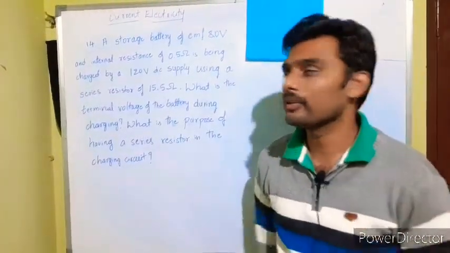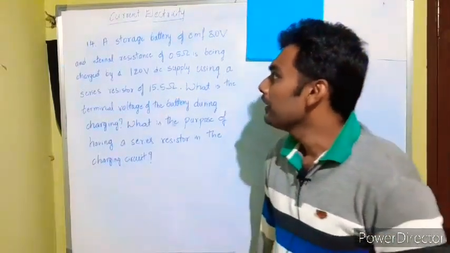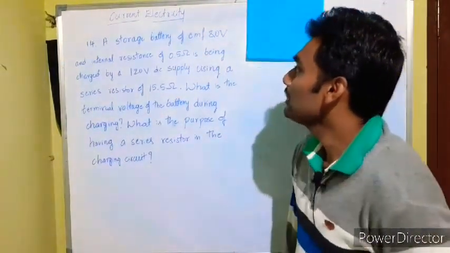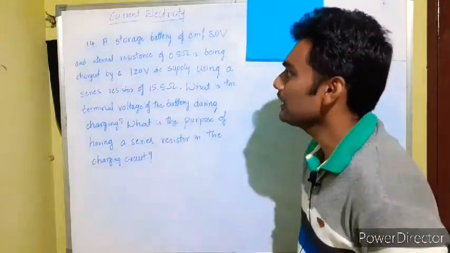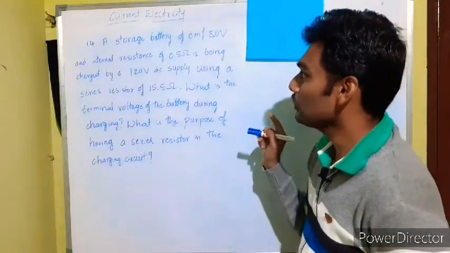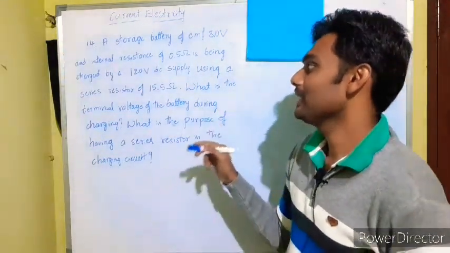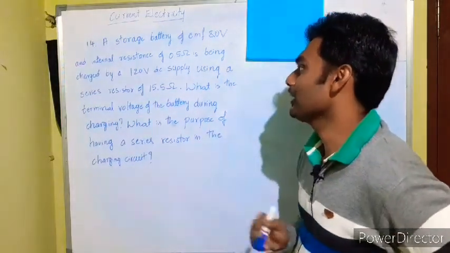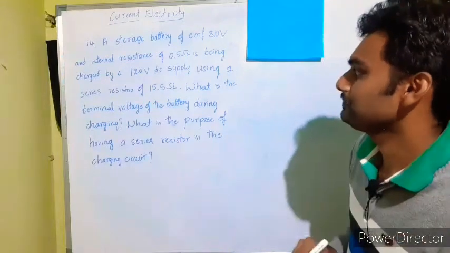Okay, the next question number 14 is as follows. A storage battery of EMF 8.0 volt, and internal resistance of 0.5 ohm is being charged by a 120 volt DC supply using a series resistor of 15.5 ohm.